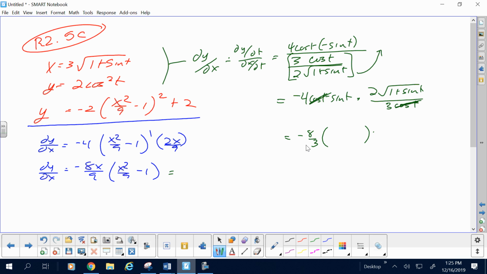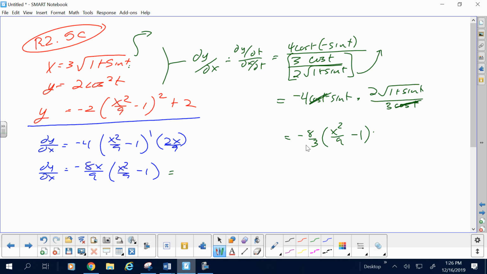What's sine of t equal to? Sine of t would be x over 3 squared, subtract 1, right? So x over 3 squared, so x squared over 9, subtract 1. And the root 1 plus sine t, what's that equal to?